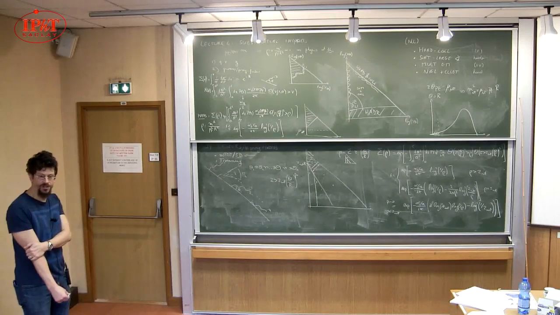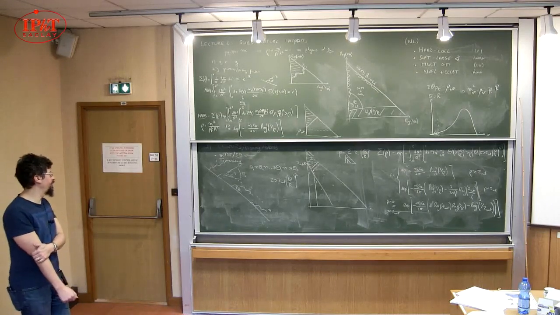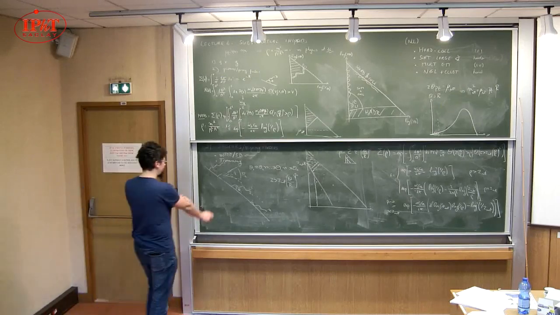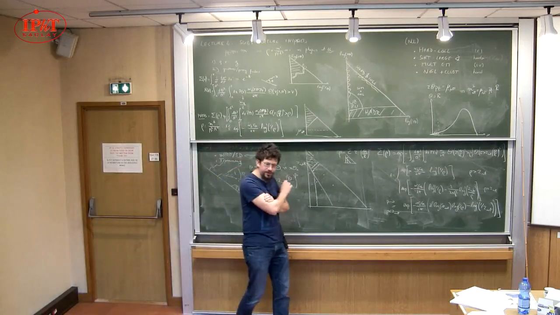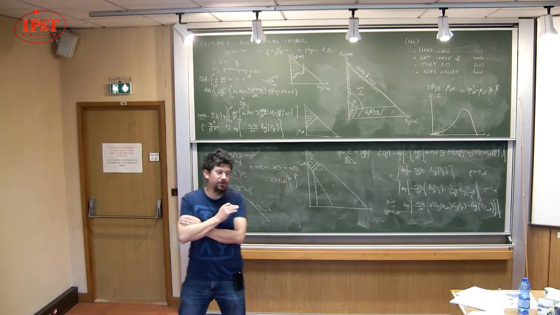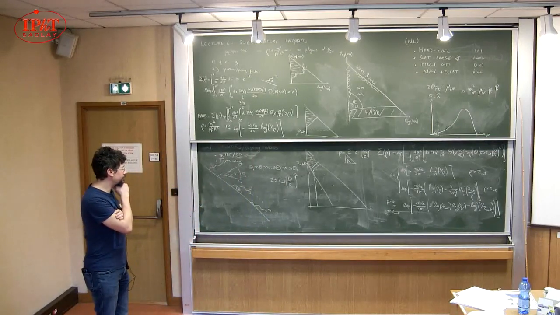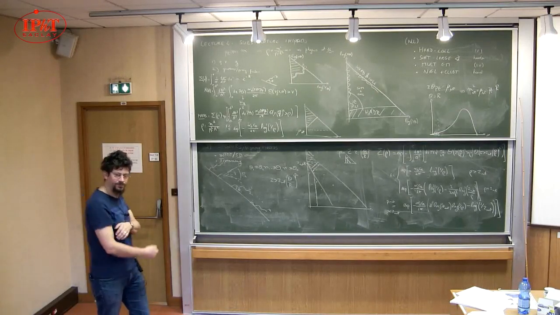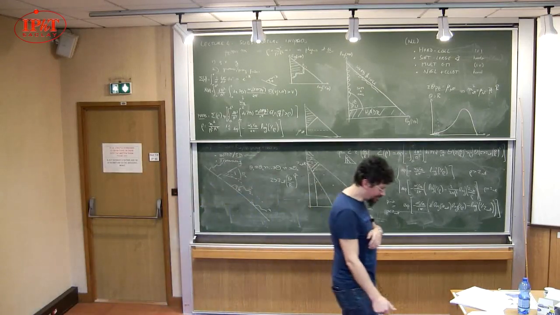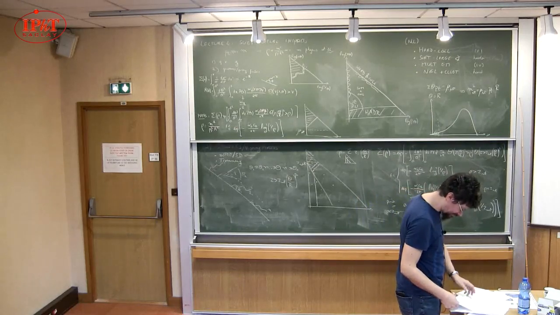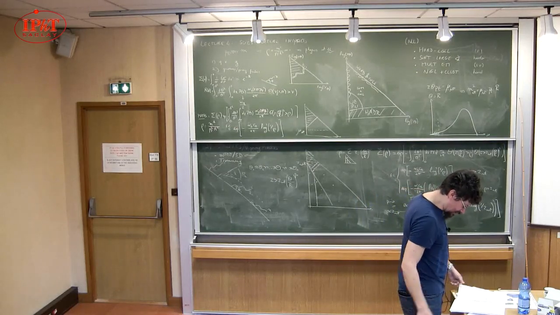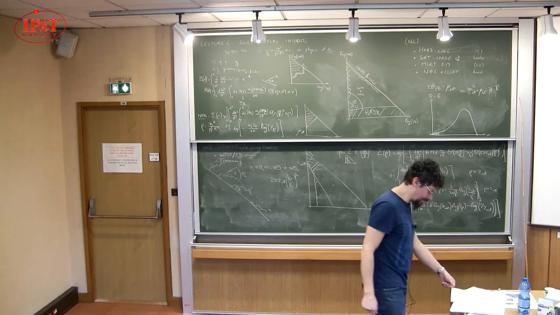And this may be related to the reason why modified mass drop or soft drop beta equals 0 is probably the most commonly used tool in the jet substructure world. Any questions so far? Let me make sure I didn't forget anything myself. Okay, I think this is okay.